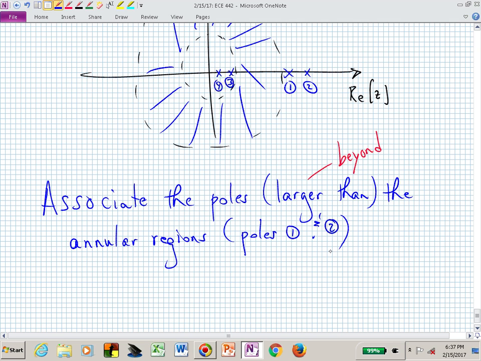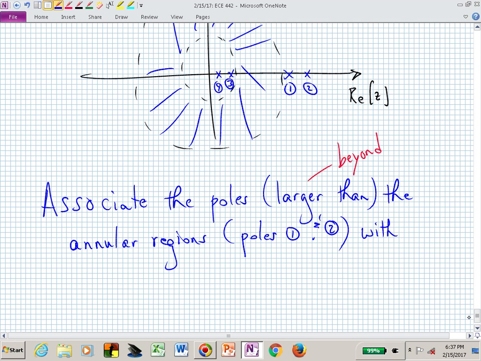That's what I'm meaning by beyond or larger than. What time range do we associate with those poles? If our poles are beyond, then the region of convergence is interior to the poles.